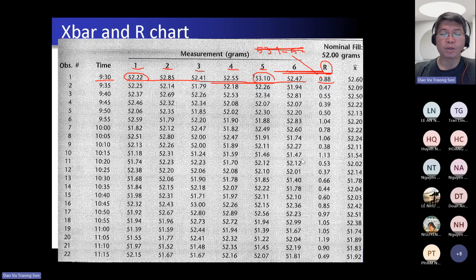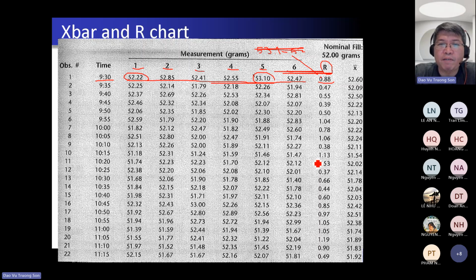In Excel, you can use the formula. There are two commands that you can use: MAX of the row minus MIN of the row. You get the maximum in the row minus the minimum in the row. All right, that is the range.